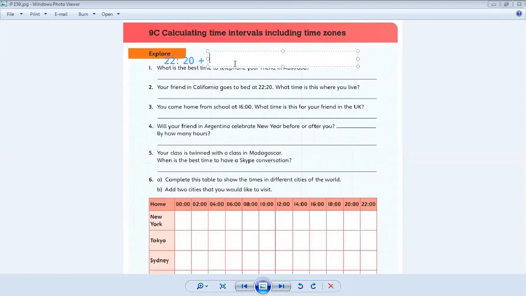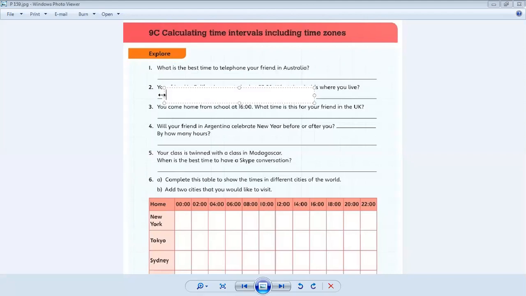If California is the west of Libya, this means later than us. That's why we have to make minus. No one said earlier or later.